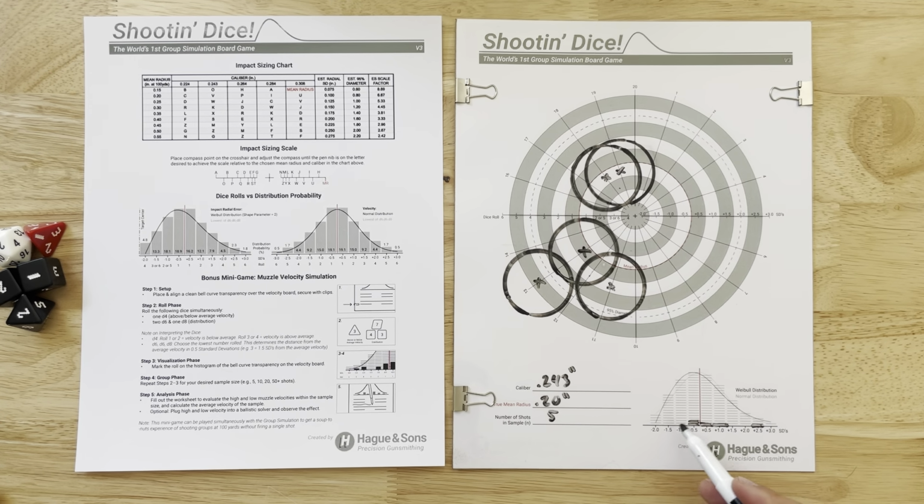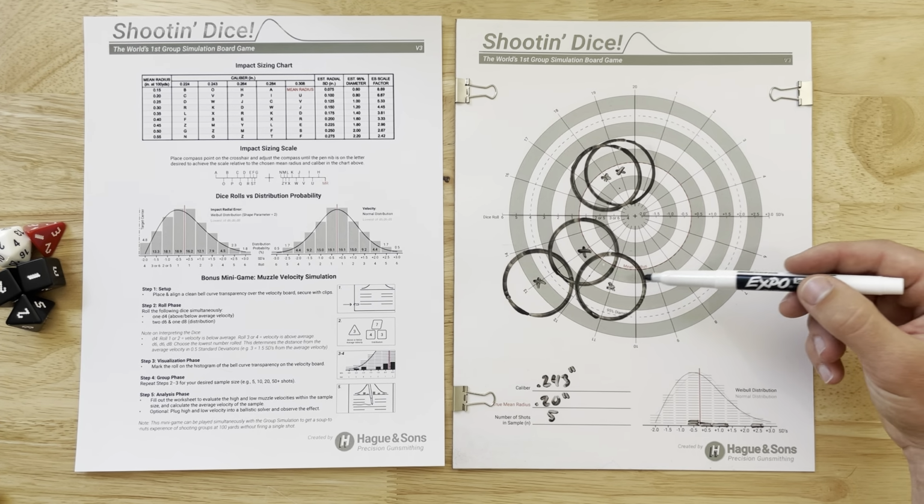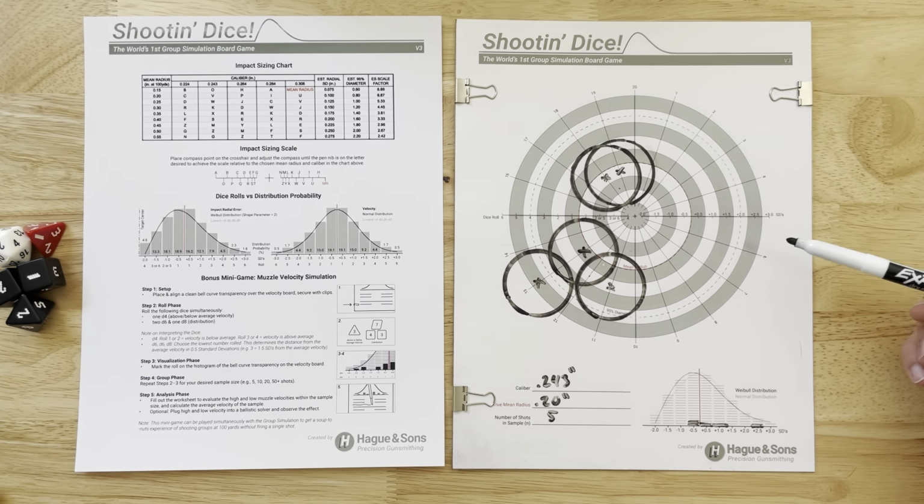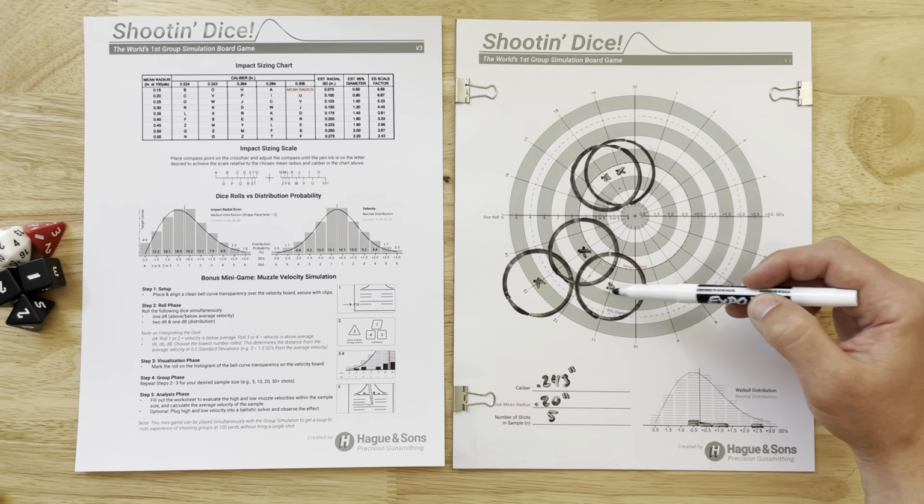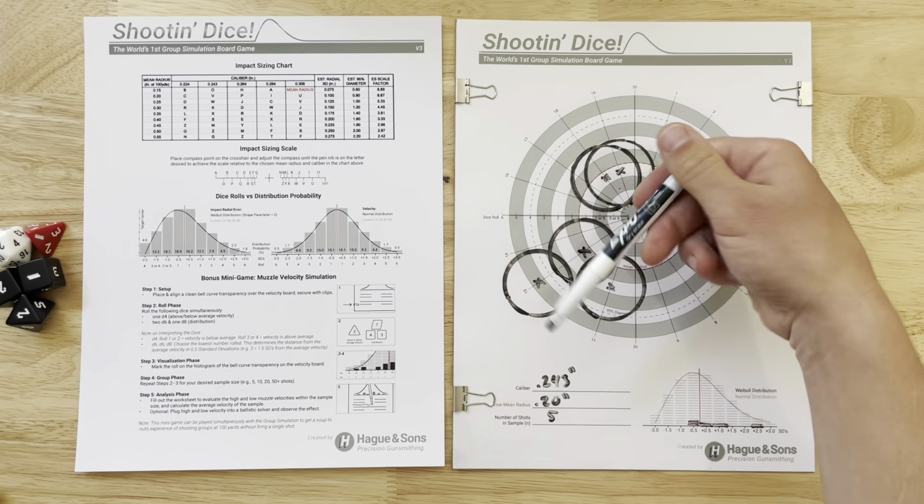So we can see again in this histogram that they're mostly clustering around the average, but we have one outlier that is at 2.5 standard deviations.